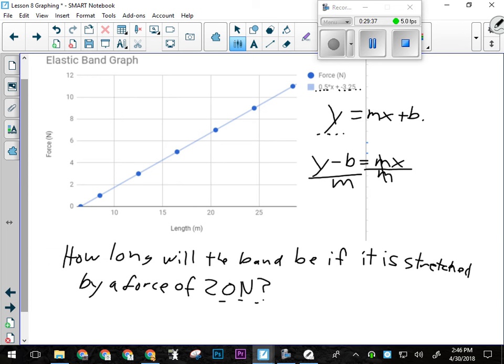So y, we're told, was 20 newtons. B is negative 3.25. And m is 0.5. That's going to equal x, which is going to be the length of the rubber band when it's stretched using 20 newtons.